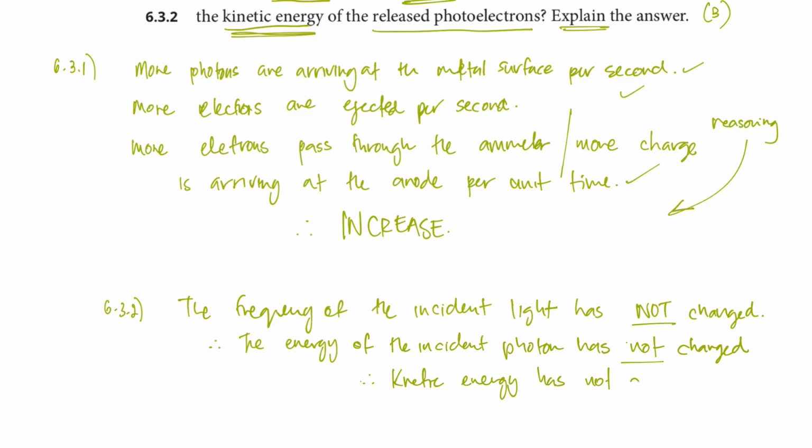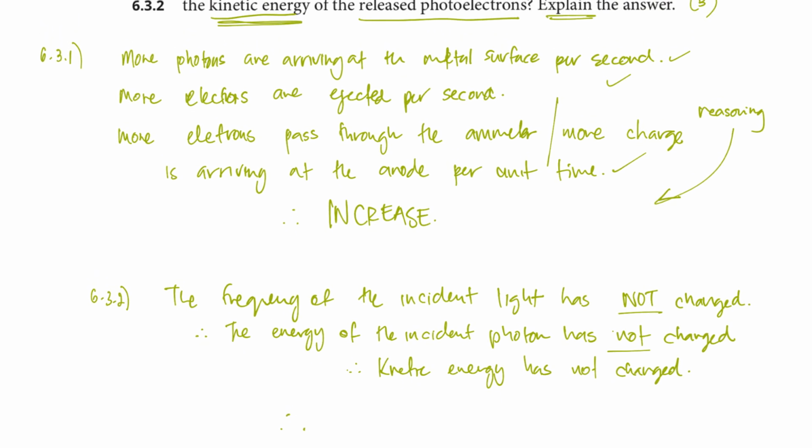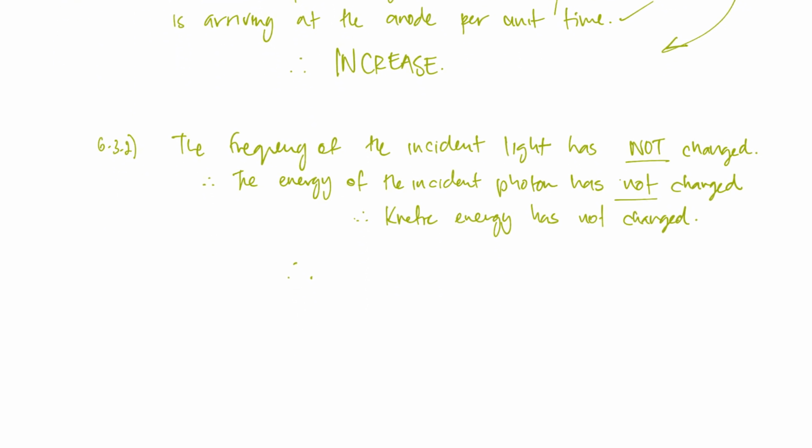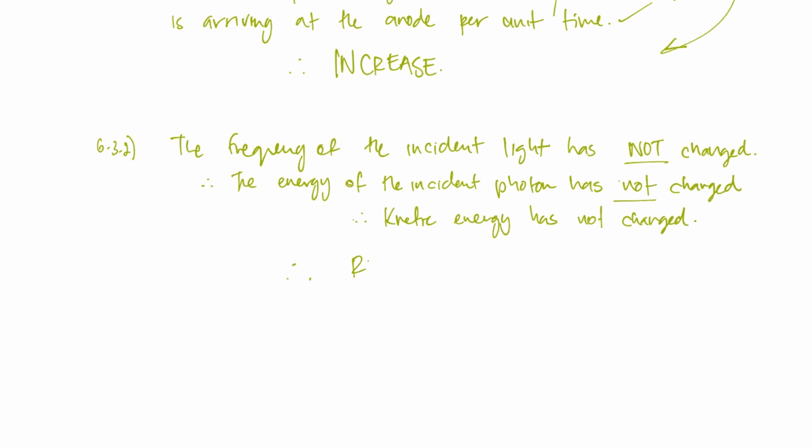None of it's changed. You just made the bulb a brighter bulb. So for 6.3.2, they want to know how it affects the kinetic energy of the released photoelectrons. Is it increase, decrease, or remain the same? Because nothing has changed, we can just say remains the same.